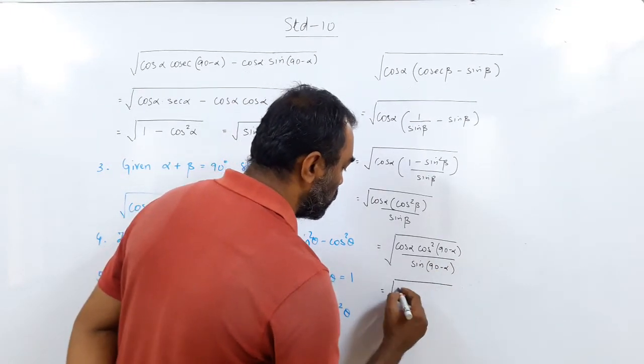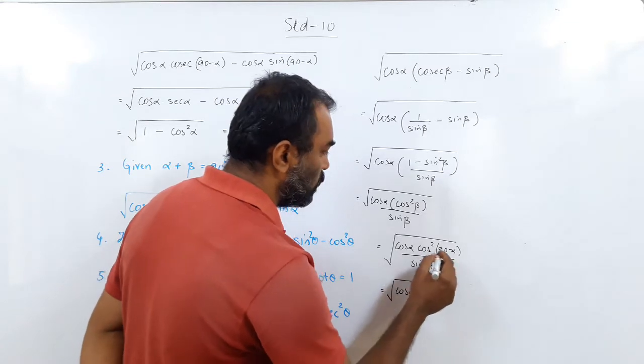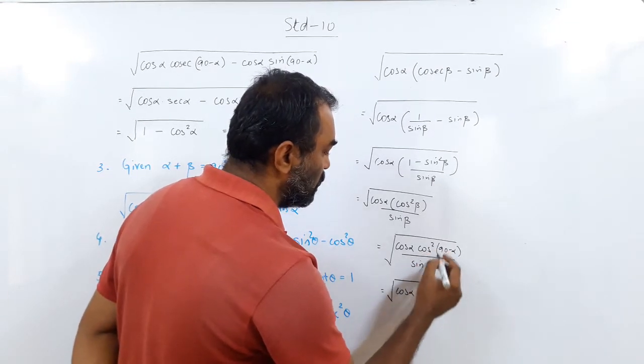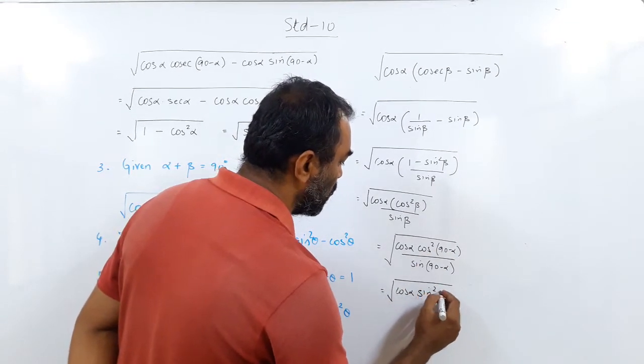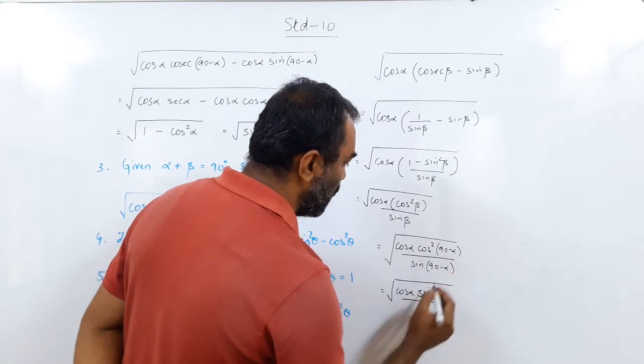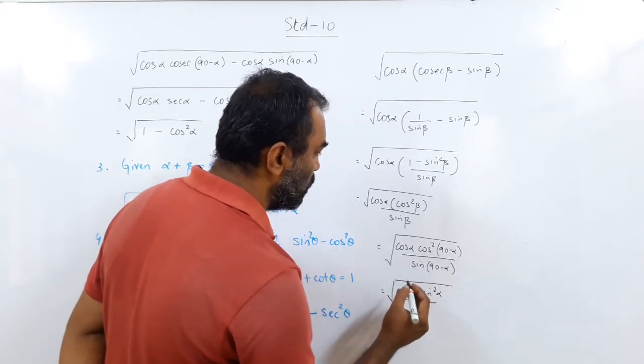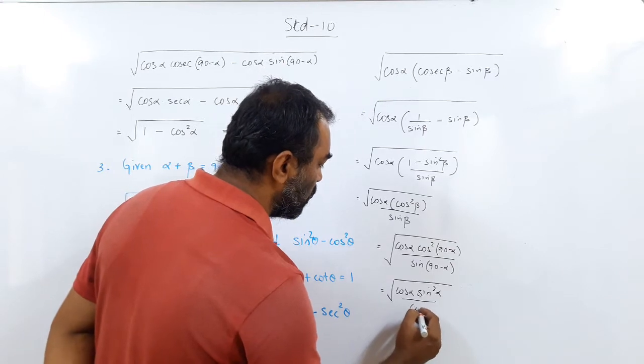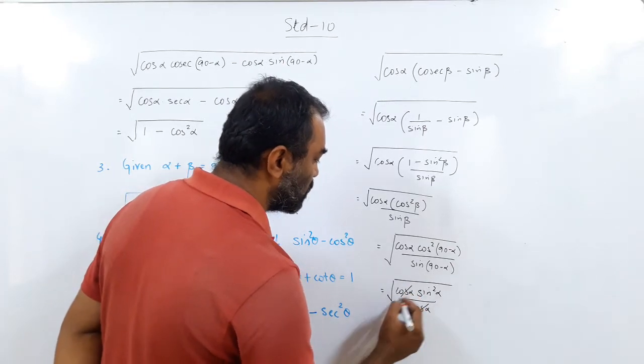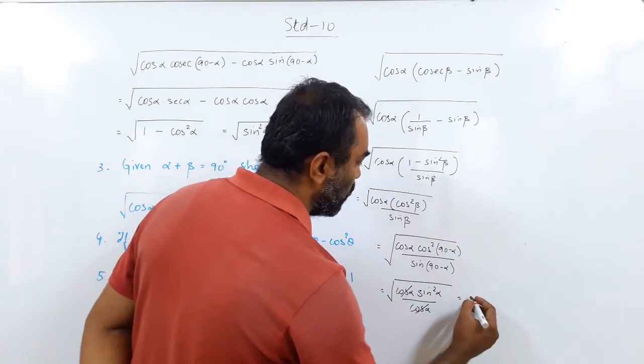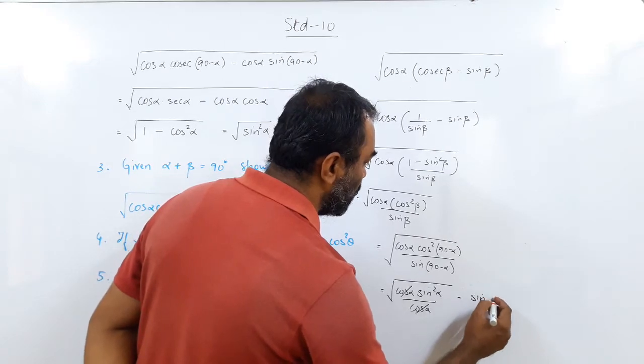So this becomes cos alpha, 90 minus alpha is sin. So sin square alpha, sin 90 minus alpha is cos alpha. So now cos alpha gets cut, under root sin square alpha remains, which gives me sin alpha.